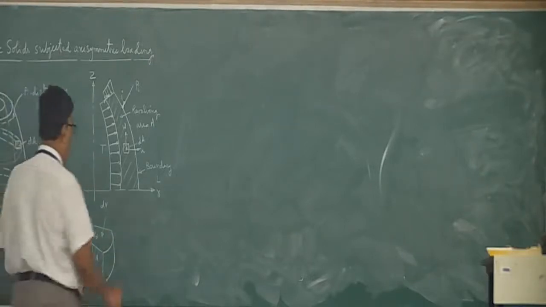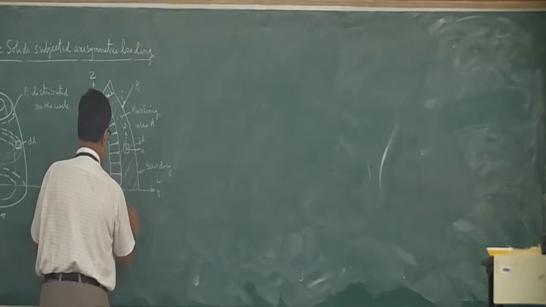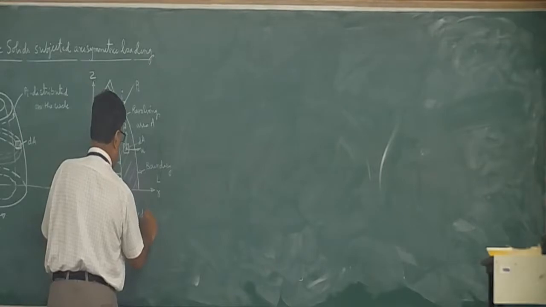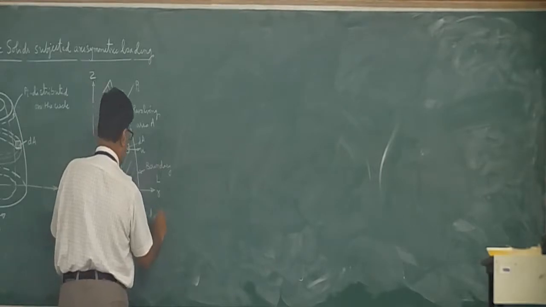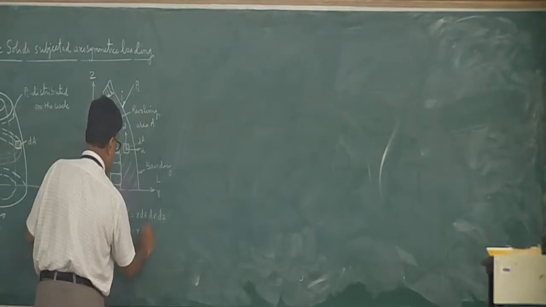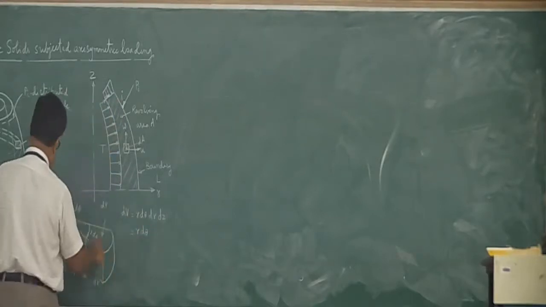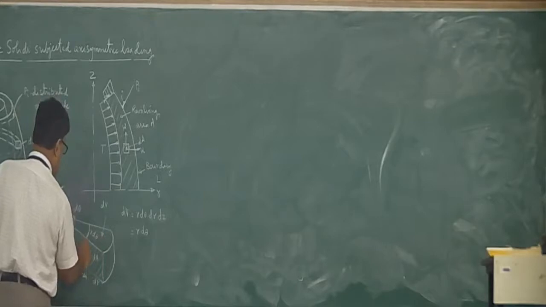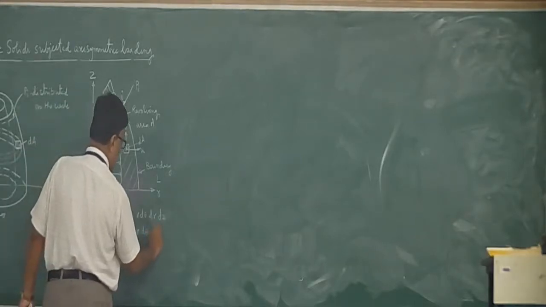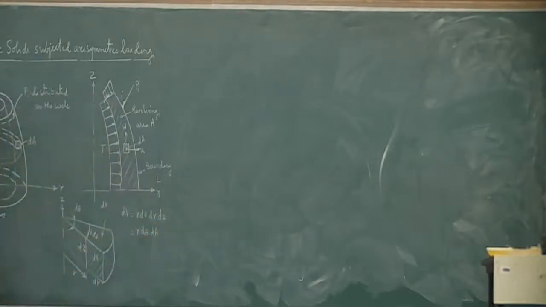So the elemental volume dV is given by r d theta dr dz. This is the height dz, and dr into dz is the dA, the elemental area of the cross section.